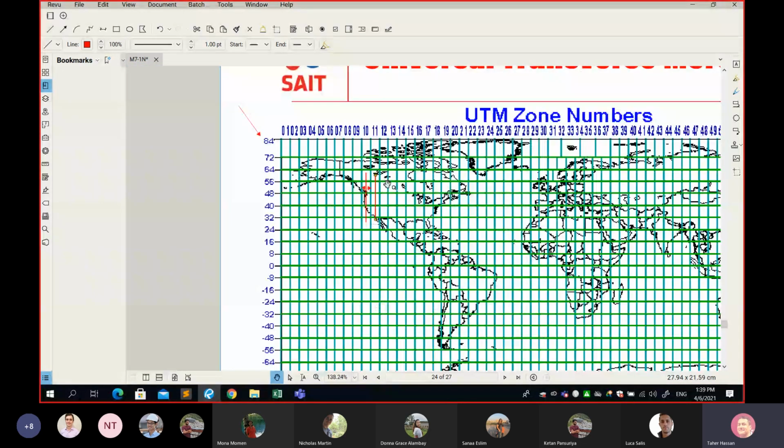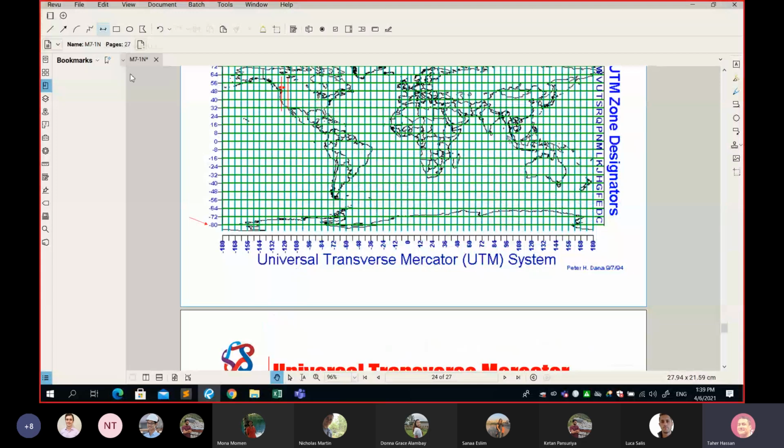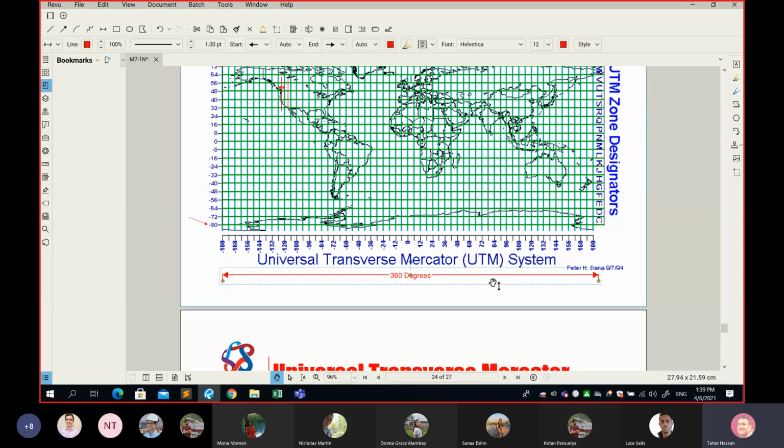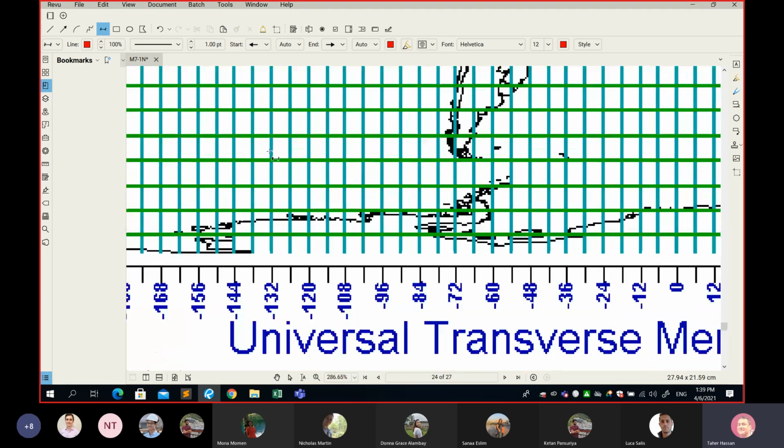So let me show you. You guys know that the entire world in terms of longitude, from here to there, is 360 degrees. Would you agree? 360 degrees. Okay. So it was universally agreed that the zone width was 6 degrees. They agreed a long time ago that from this point to this point here is 6 degrees.